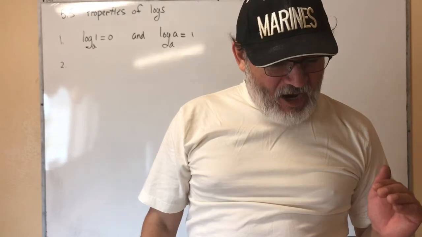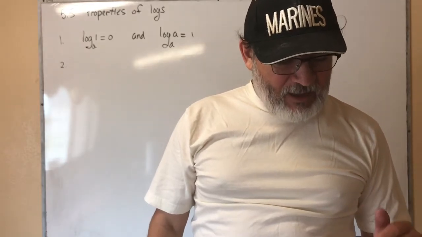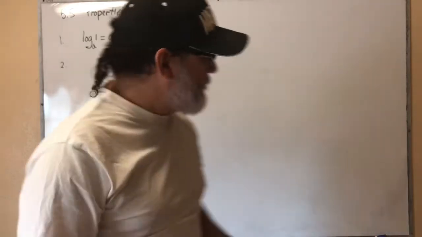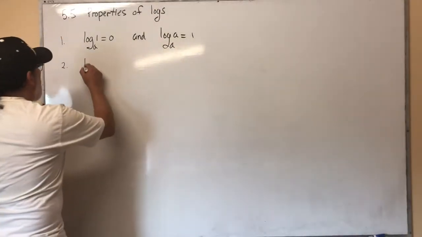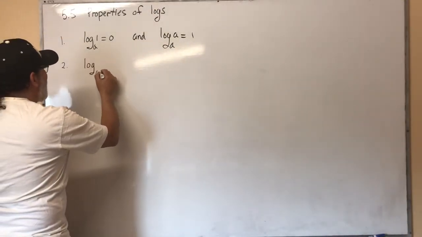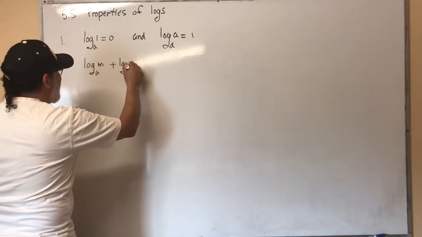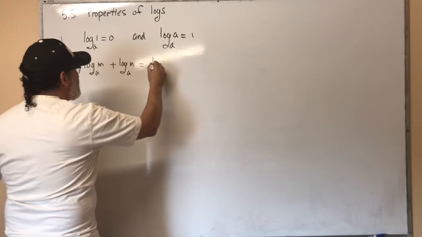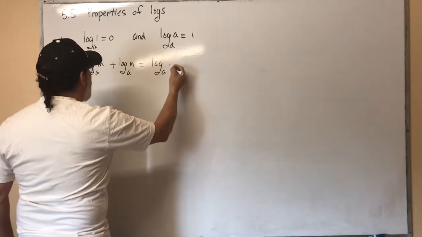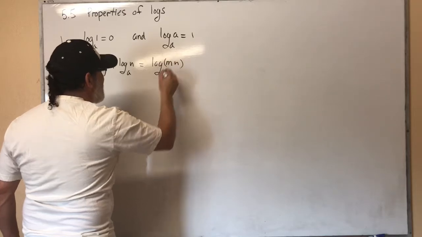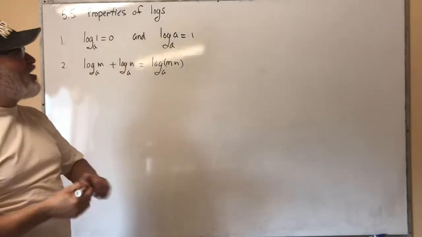Number 2. Log base A of M plus log base A of N equals the log base A of M times N. We call this the product rule.